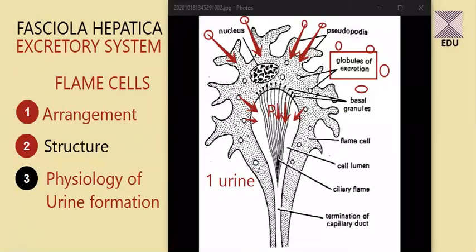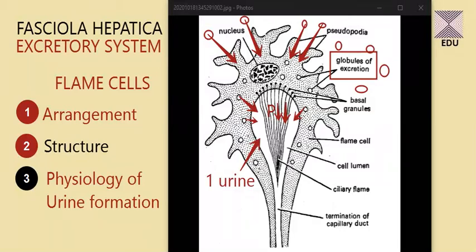It is present in the lumen. Now if something is important for Fasciola hepatica, something good for it, that comes along with this primary urine into the lumen, it is taken out, and this process is called reabsorption.